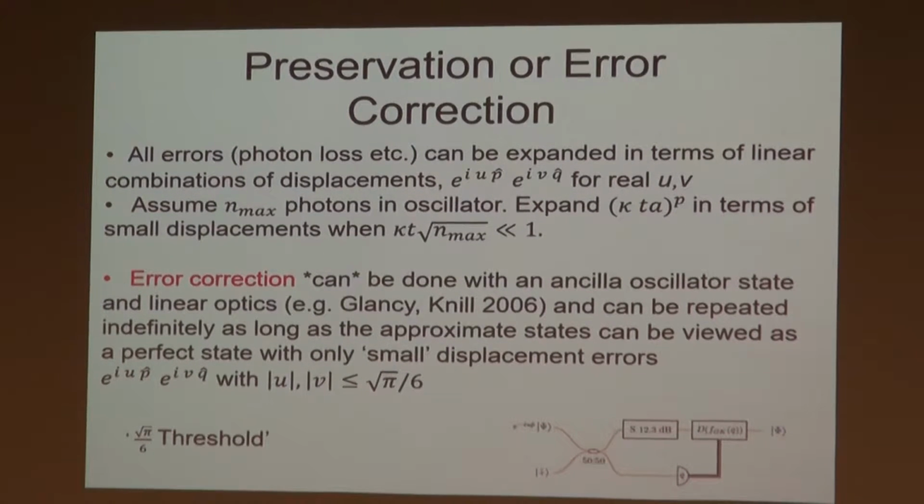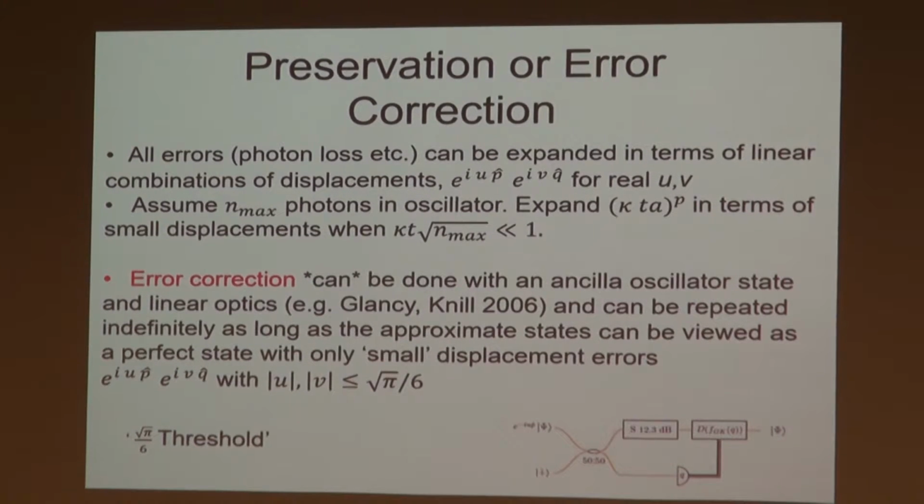So the point is that I always have to have some condition that the rate at which errors occur, times the time scale that I'm interested in, and times the photon number, has to be a small parameter. And if I'm in that regime, then I can expand the processes that are involved in terms of small displacements. Maybe that doesn't answer your question.